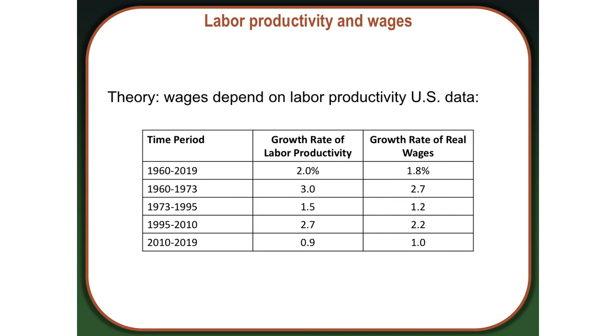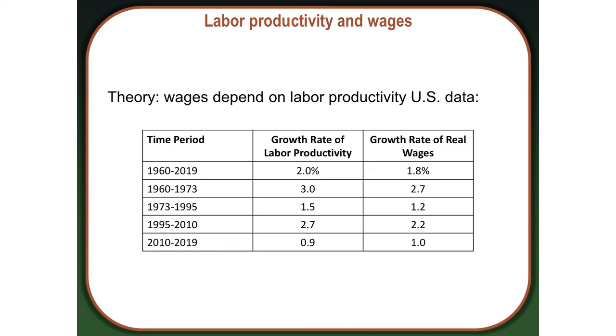Now, one thing to keep in mind is that these are growth rates, and so even small changes in growth rates over the course of 60 years can lead to big discrepancies. So there is some ongoing research based around the idea that maybe wages are not as closely related to productivity as they used to be.